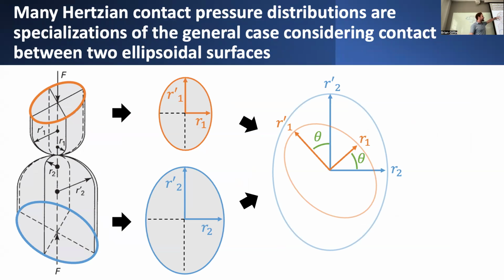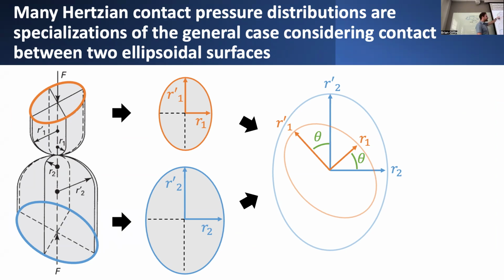The way to think of it is that if you were to look at this assembly of two spheroidal capped bodies coming into contact at a single point, loaded through their center lines, then from a top-down perspective, they'll look kind of like ellipses.